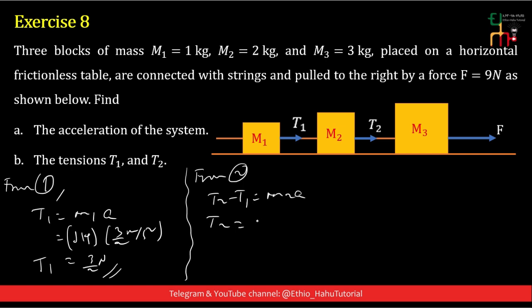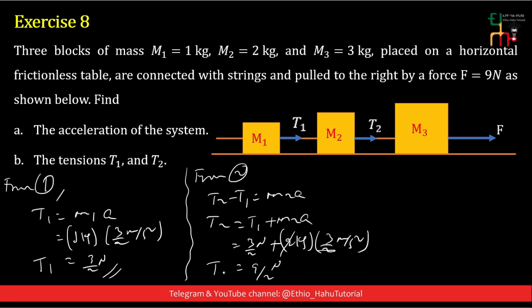Tension T2 is equal to, taking this to the right, T1 plus M2 times acceleration. Tension T1 is 3 over 2 Newton plus M2, 2 kilogram, times acceleration, 3 over 2 meter per second square. 2 goes with 2. Kilogram meter per second square is Newton. 3 times 2, 6 plus 3, 9 over 2. 9 over 2 Newton, tension T2.